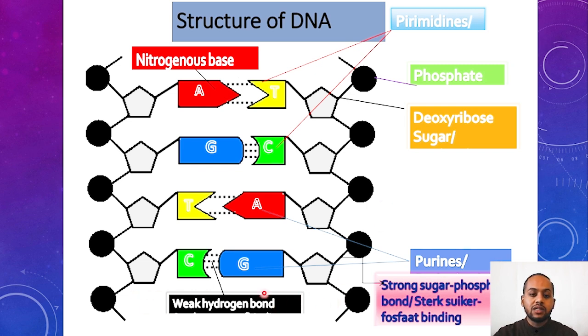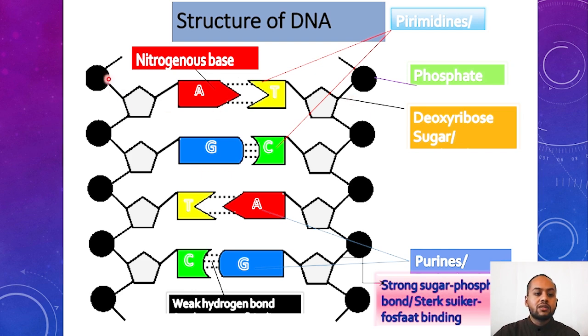You will be asked to examine the structure and they'll ask you questions. So I'm just going to go through everything that is possibly stated on this diagram so that we know everything about the structure of the DNA molecule that we possibly need to know.